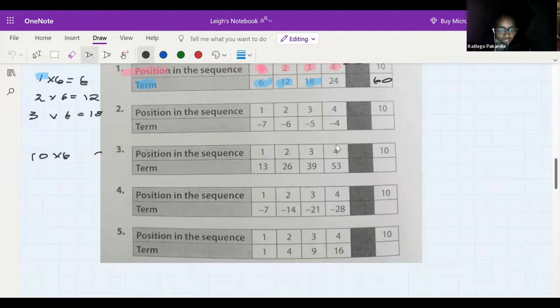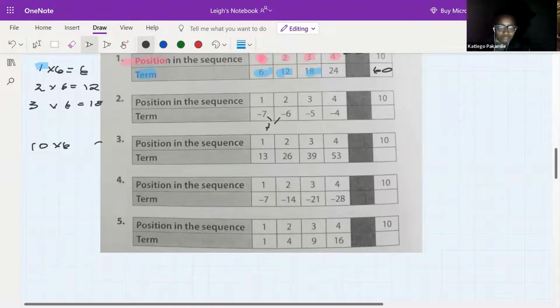Okay, so let's check. So you go from there to there, and did you add or subtract 1? I add 1. There we go, guys. So you add 1. So from -4, if you add 1 for number 5, you get -3 for number 5.